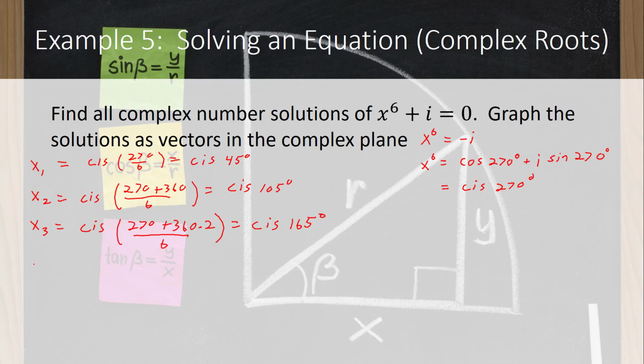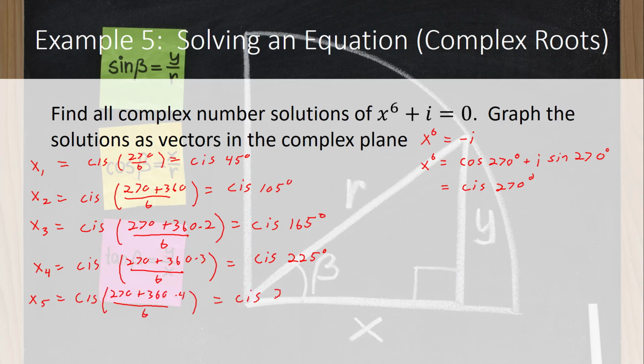So x4 will be CIS of 270 plus 360 times 3 over 6, and that will give us a CIS of 225. X5, hopefully that will give us a CIS of 285, which of course it will.